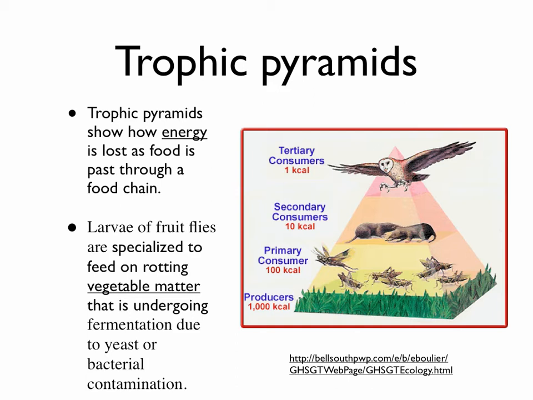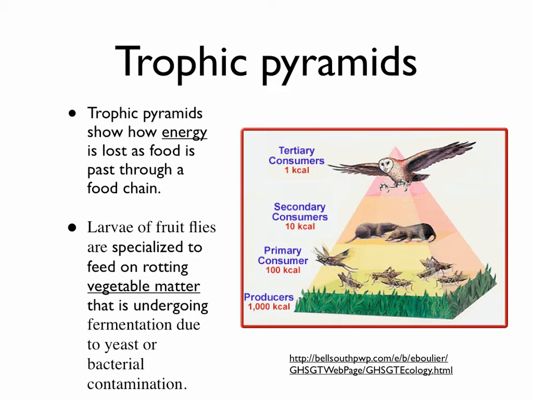And then the next level up is 100, and then the next level up is 10, and then you finally get to the barn owl at the top and you see 1 kilocalorie. Now some of you who are very mathematical can see what's happening mathematically as you go from one level to the other. So push pause for a second, look at it, see if you can figure out how it's changing from level to level.